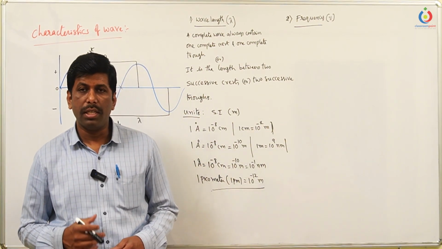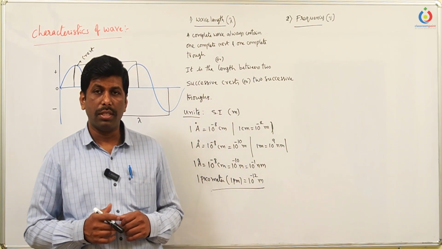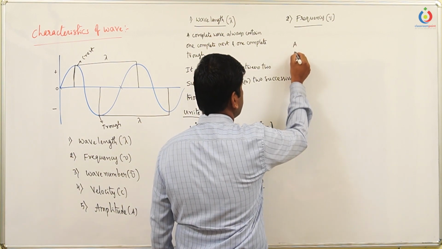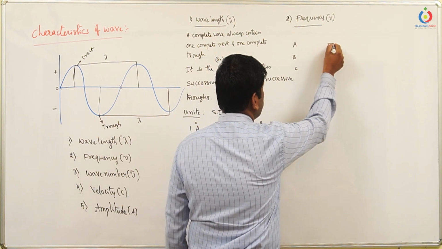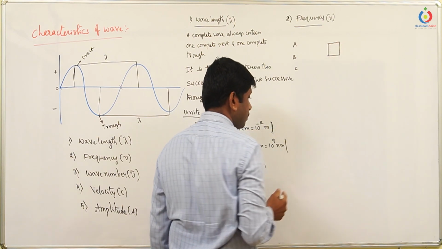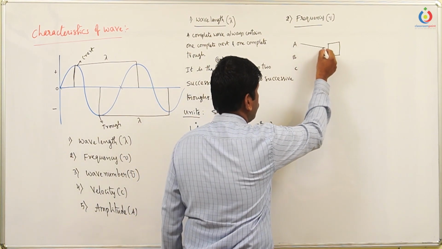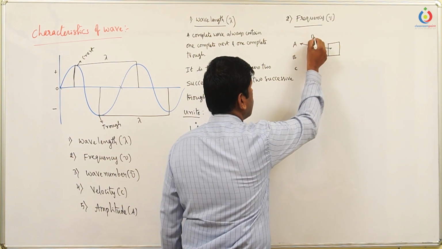If any particular thing is happening repeatedly, there we use the word frequency. For example, imagine there are 3 persons, A, B and C, in a particular office. Imagine a person goes to a room and comes back to his position within 1 hour.